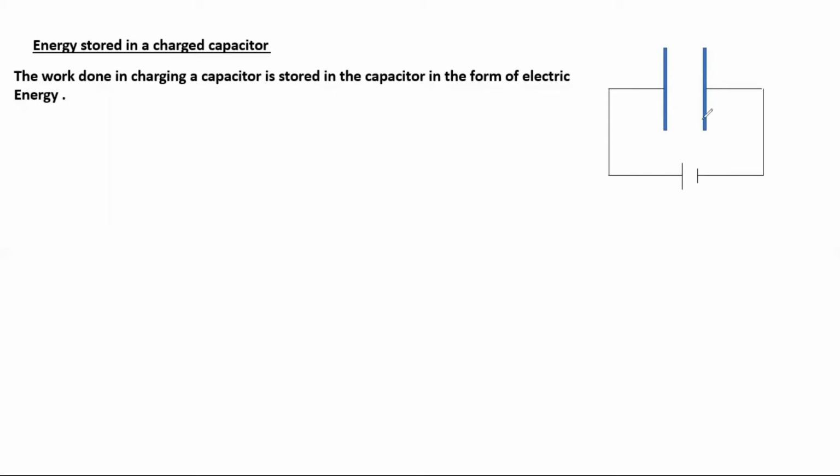When this capacitor is getting charged, the potential difference across these plates increases because of the charge provided by this battery, isn't it? So a certain amount of energy is being supplied by this battery to this capacitor.